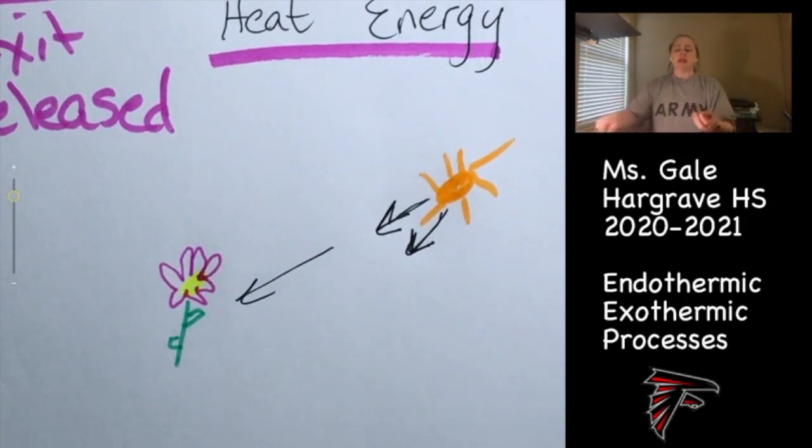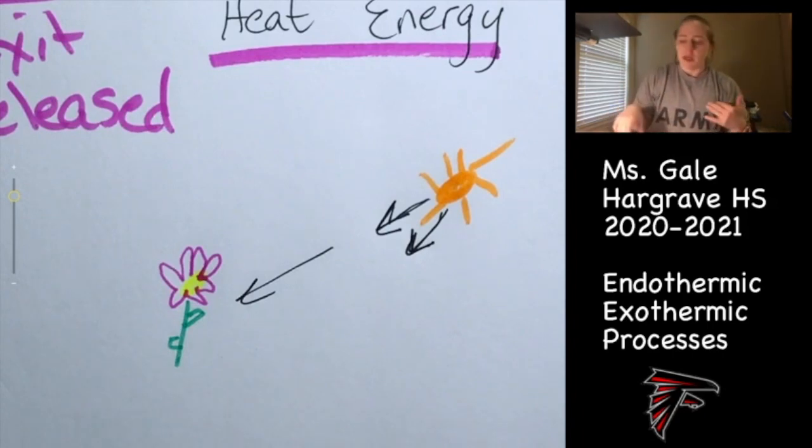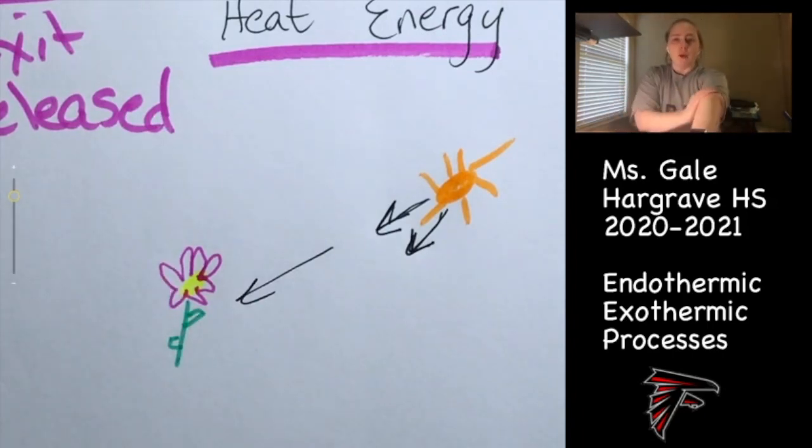So that's when you sit outside. I can't do this because I'm paler than a ghost. You sit out in the sun and you feel that sun's heat coming onto you. That heat is being released from the sun onto you. That's why you can feel it. So then you are endothermic. You are absorbing that heat energy.